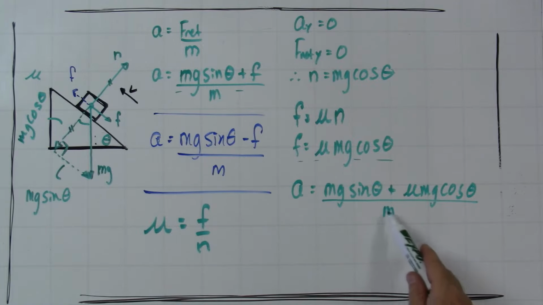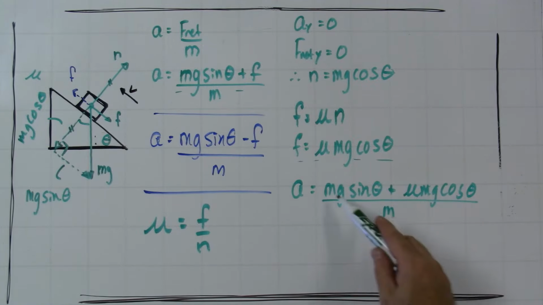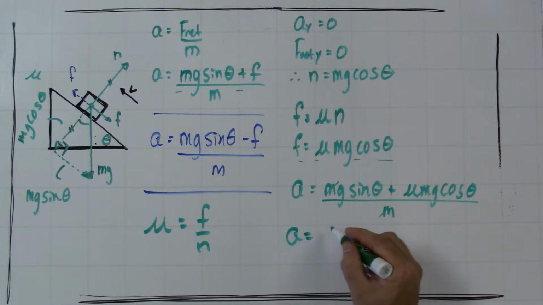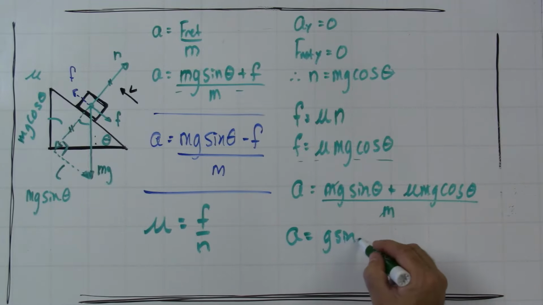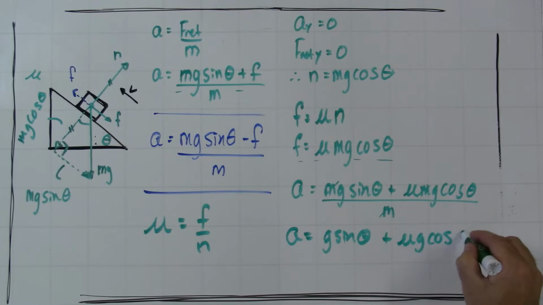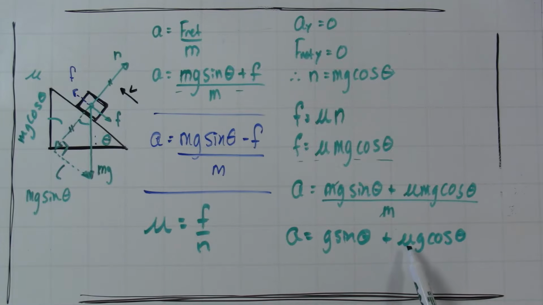Now, because there's an m in this term and an m in this term, the m's can magically disappear. I'm left with a statement for the acceleration. It's equal to g sine theta plus mu g cosine theta. And obviously, if I knew the mu, I could solve for the acceleration directly.